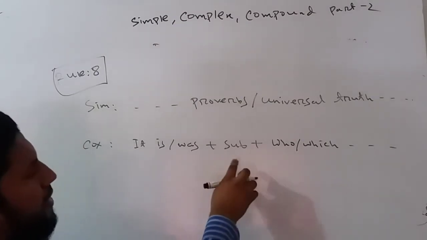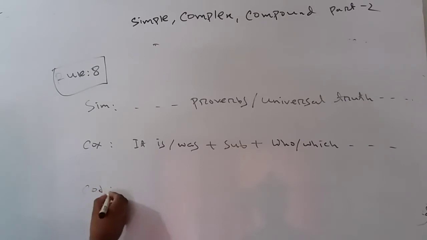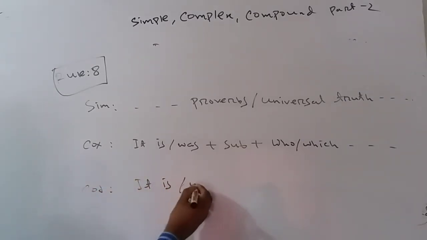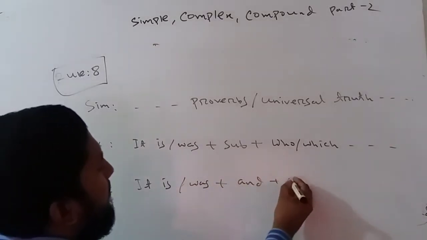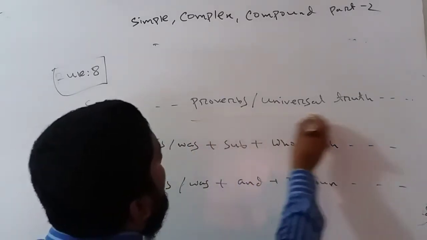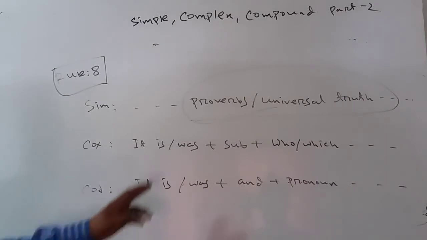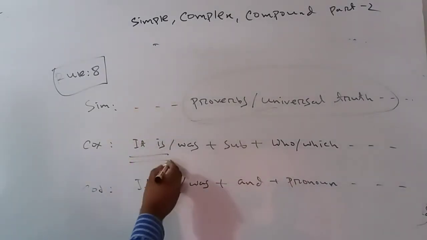If the subject is things, then we will have to use which. In compound, start from it is or was, then and plus pronoun. As these are proverbs and universal truths, maximum time they will be in present tense. So you will have to start from it is.